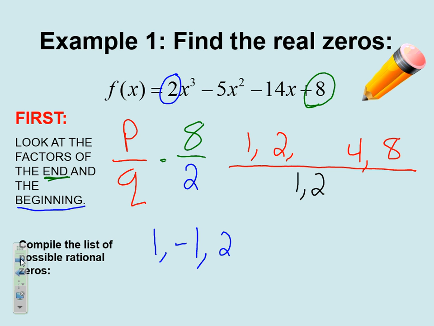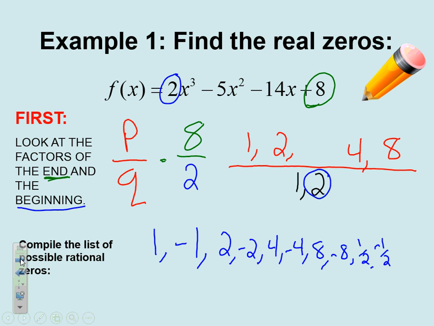I can have 2, negative 2. 4, negative 4, 8, negative 8. Now I have to go back through and divide by 2. So 1 divided by 2 is going to give me 1/2, or I could have negative 1/2. 2 divided by 2 is 1. I already have that. 4 divided by 2 is 2. I have that. And 8 divided by 2 is 4, so I already have those. These are my possible zeros.